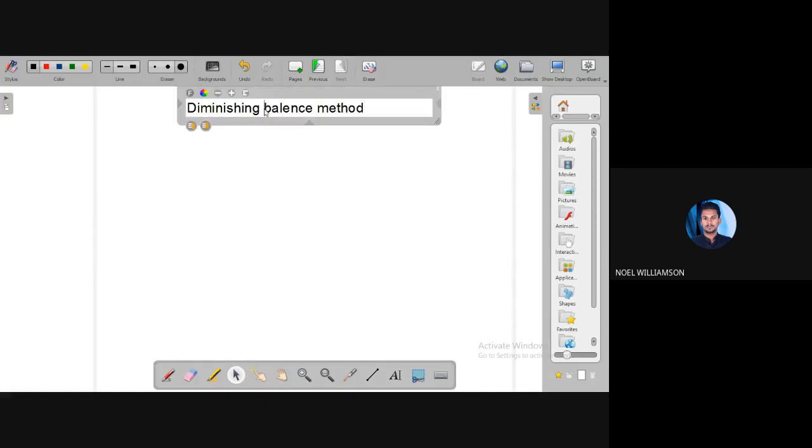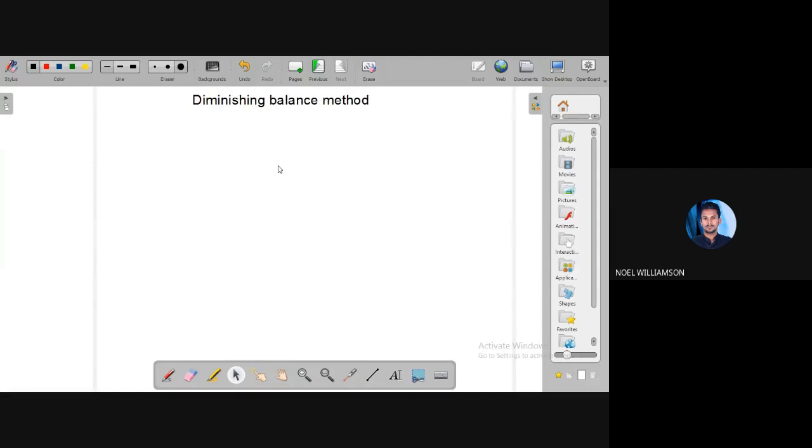Diminishing balance method. Okay, diminishing balance method. From the previous experience, we have seen there is some variation yearly.